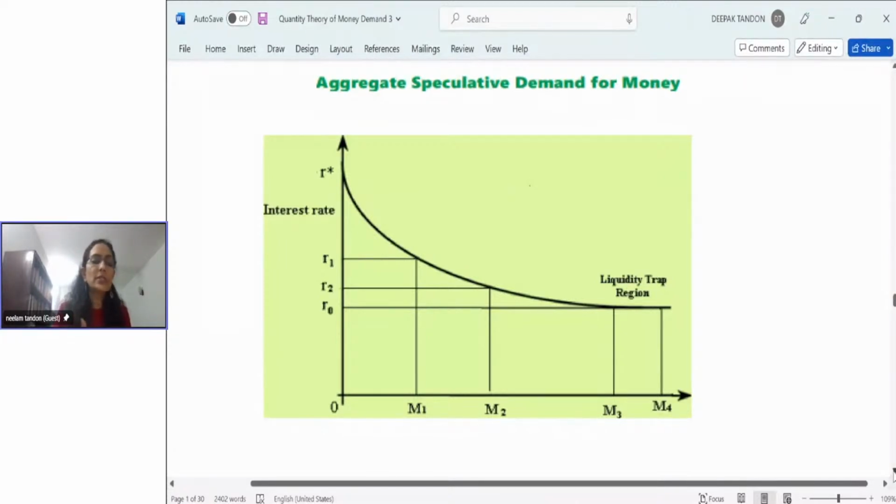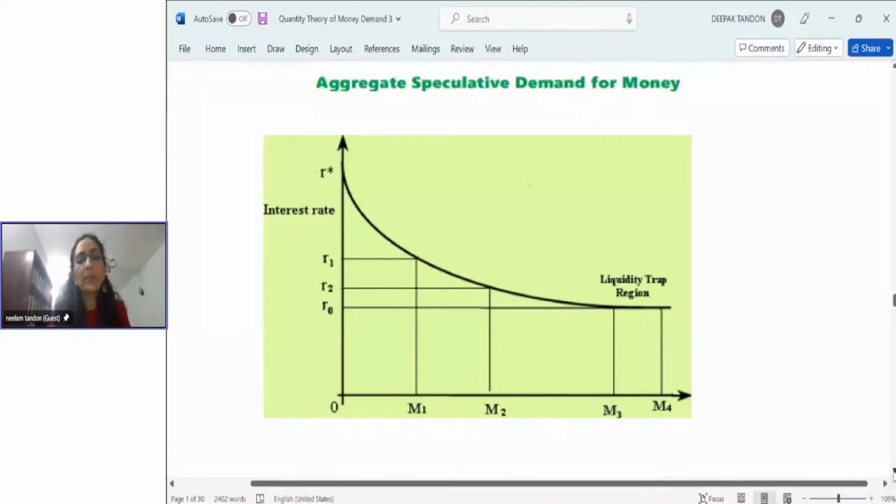If you do not want to invest in bonds, as per Keynes, there are two options. You invest in bonds or you keep cash. So people will keep their entire money in cash, and they're trapped in that liquidity because they have lost all hope.